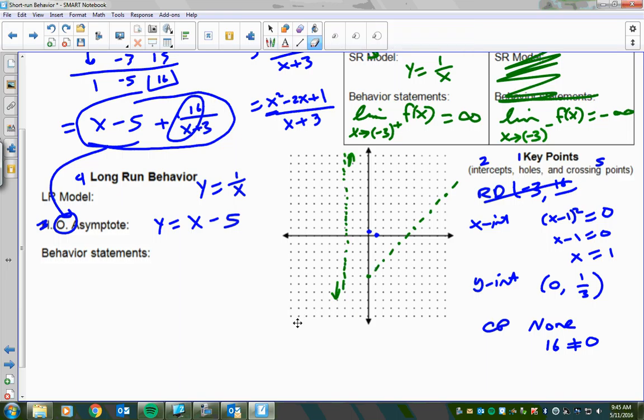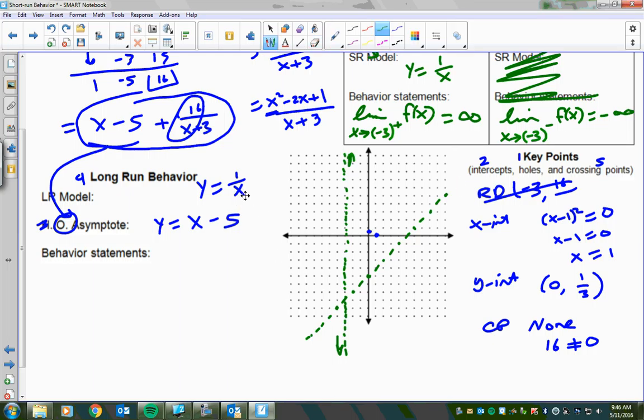Actually, you can see I need to extend the vertical asymptote further down, and redraw that arrow we had. So there's our asymptote.